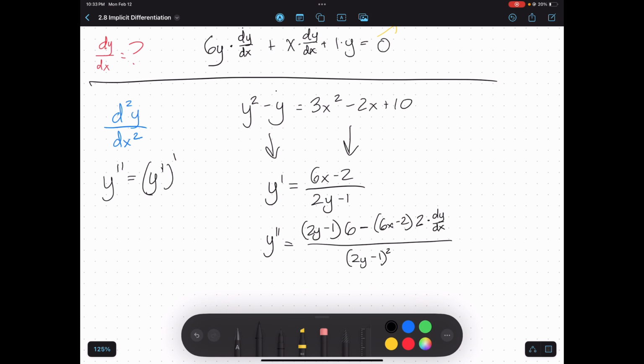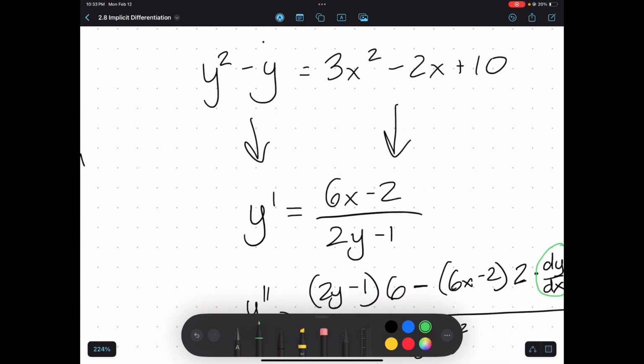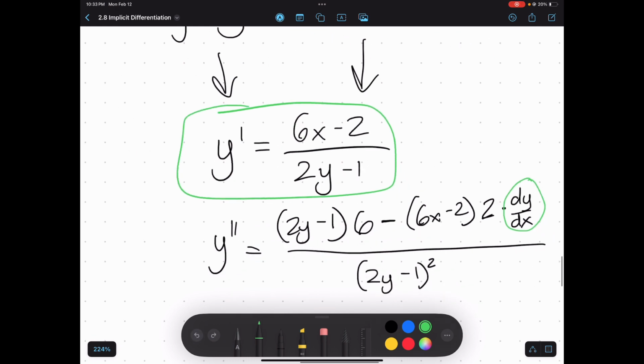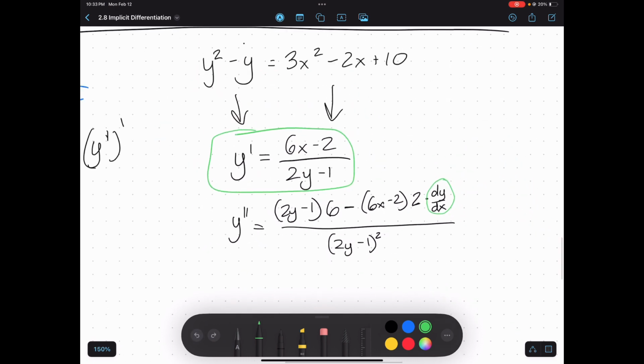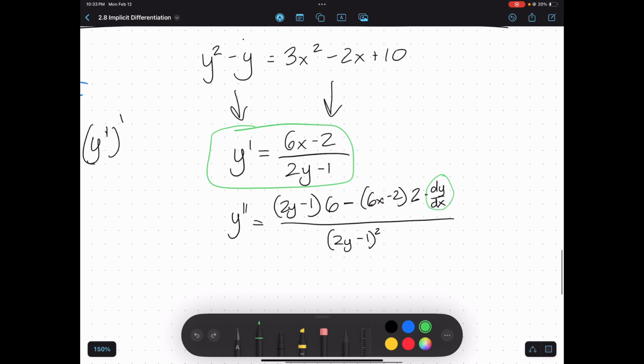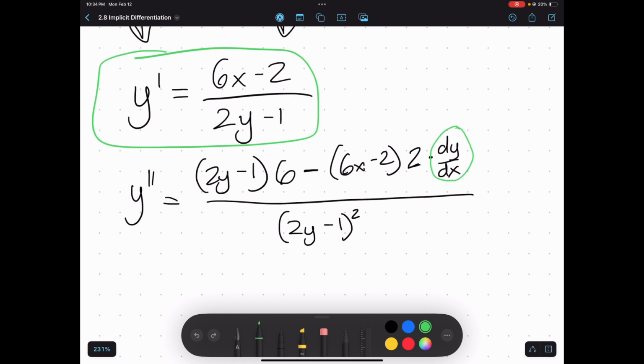Now the problem with the second derivative is it's in terms of three different things. Okay, it's in terms of x, y, and dy over dx. Now I can handle it being in terms of x and y, right? That's how I had my first derivative. My first derivative was in terms of y and x. The reason why I'm okay with that is because it's impossible for me to solve for y. So I have to just keep it in terms of x and y. But three different things is a little overkill.